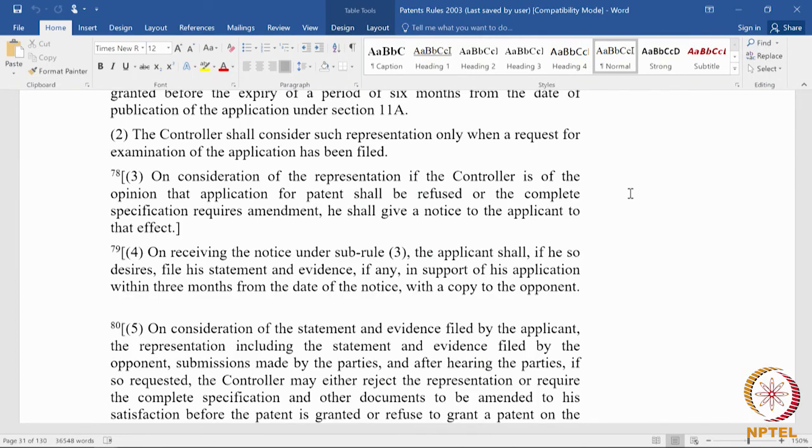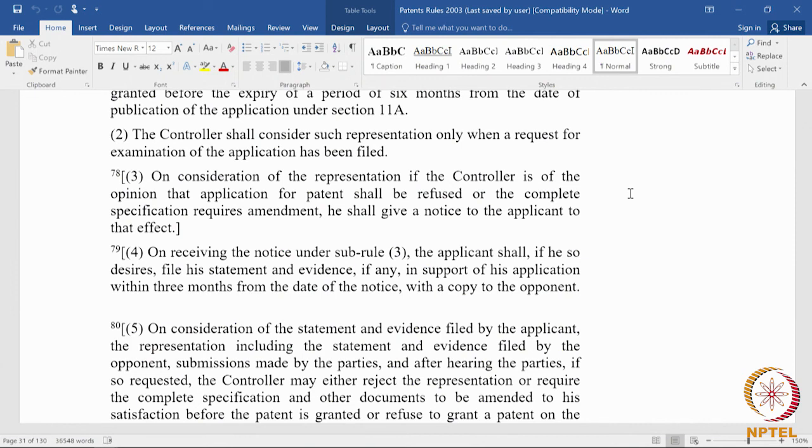So, the moment it is published, the opponent, technically, going by the wording of the Act and the rules, can file a request for examination and ask the application to be examined so that his opposition can be taken up.